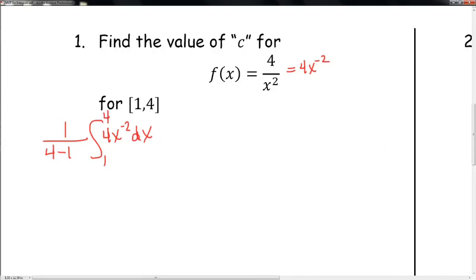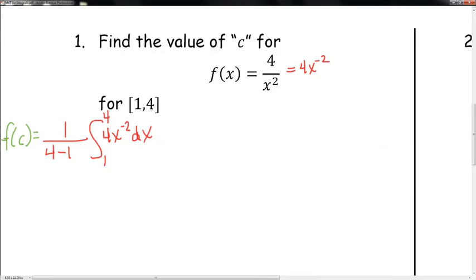And this is all equal to there's some sort of f of c. That's what we're trying to find. What is this f of c?